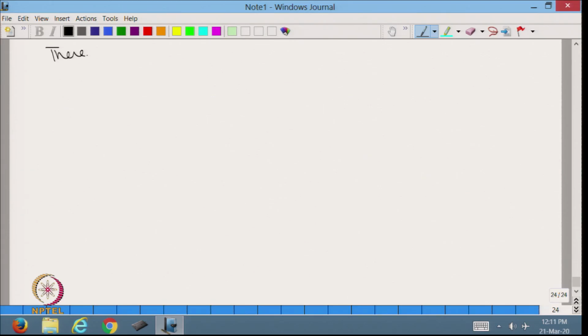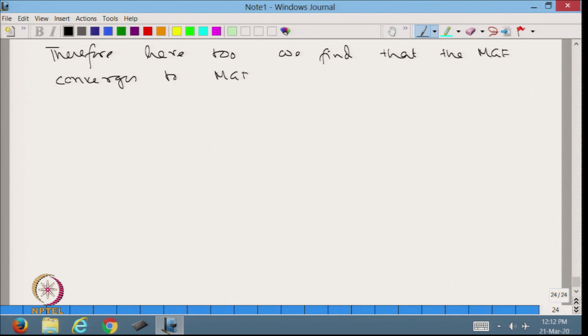Therefore, here too we find that the MGF converges to the MGF of Z, which is normal 0, 1.